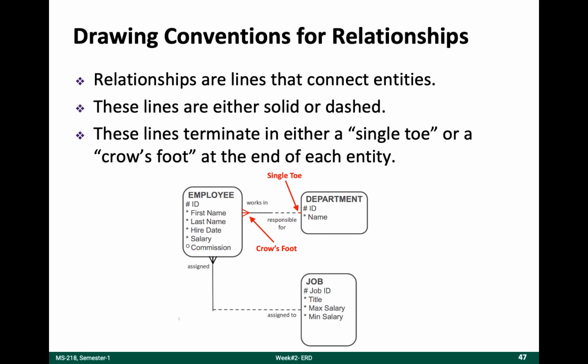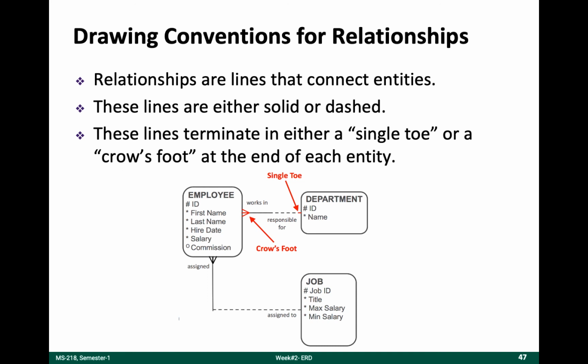Who will read for employee towards job? Each employee must have one job. Each job may have one or many employees. Good, perfect. So in this diagram we are saying that each employee must be assigned to one and only one job, because there is no crow's foot on the job side, so that's why we are saying one and only one.